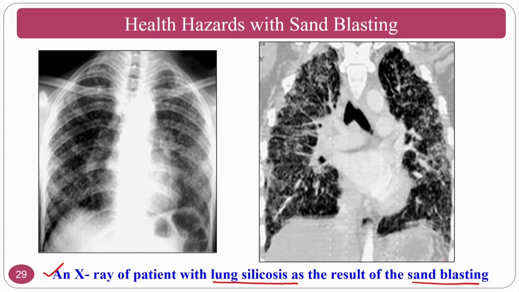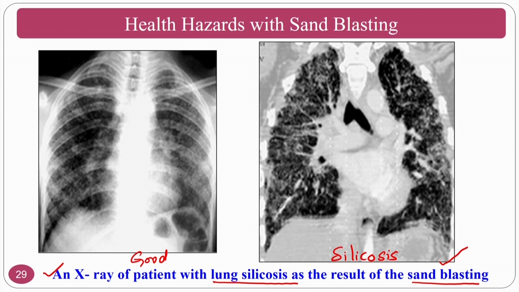The silica dust will be inhaled by the operator and this will cause a lot of problems like silicosis. You can see here the silicosis that has occurred in the lungs of a patient. These lungs are good, and this is the silicosis-affected lungs.